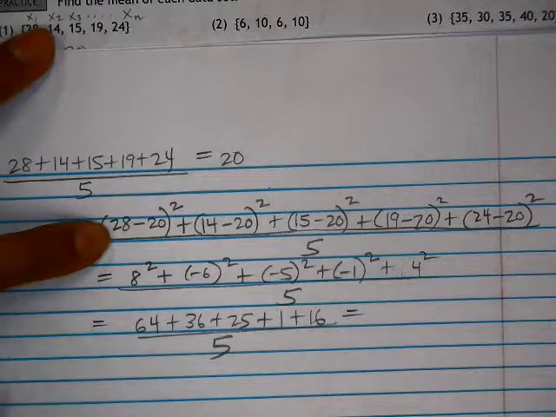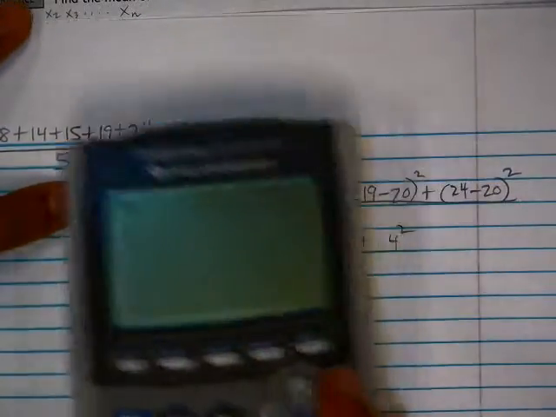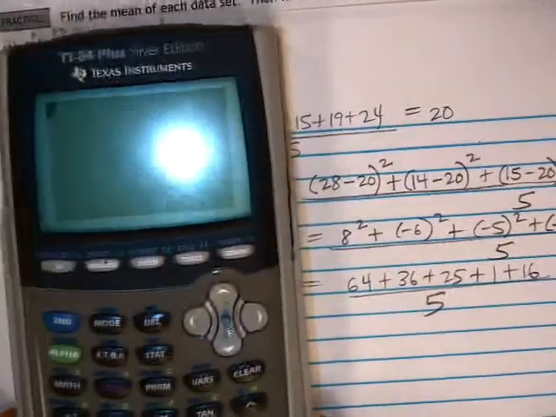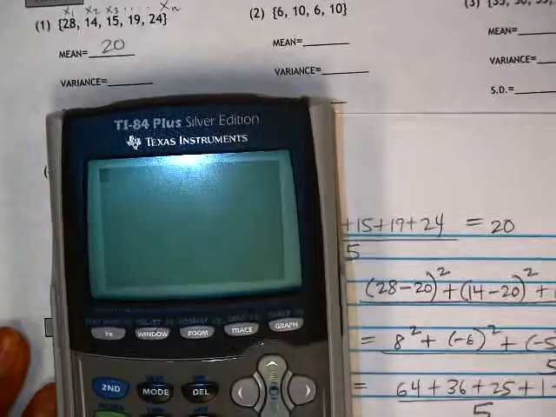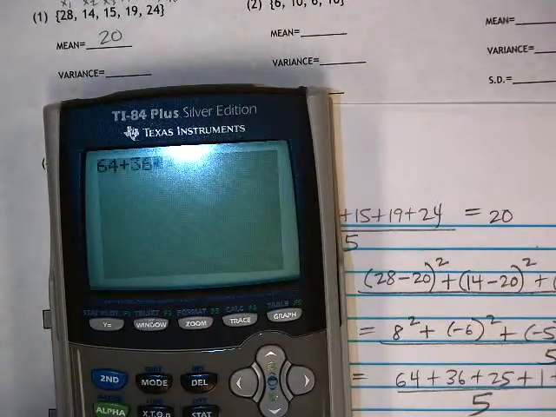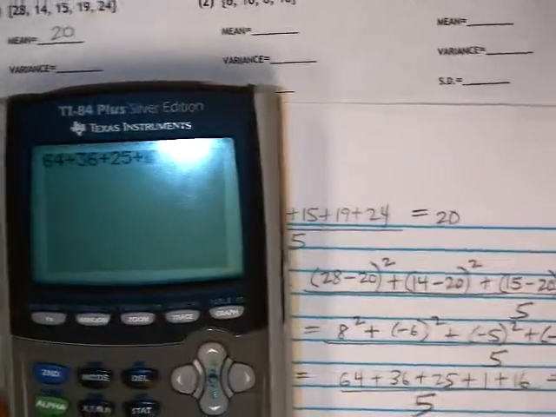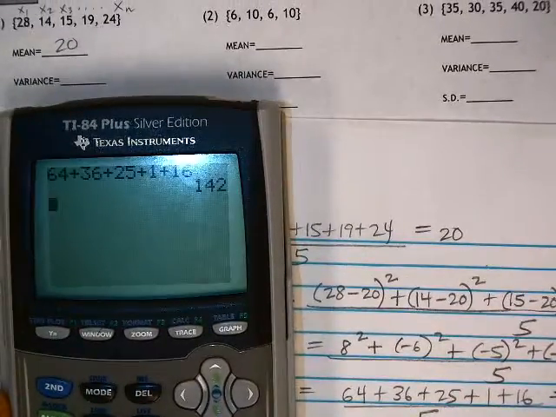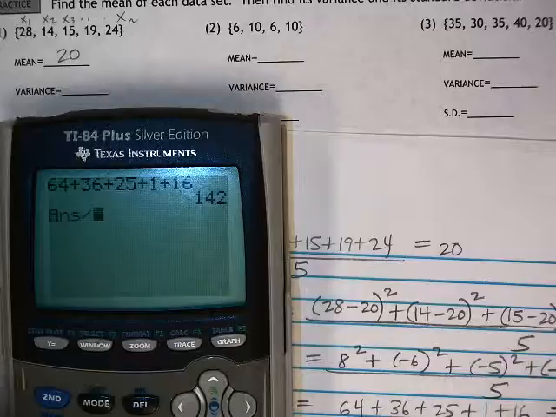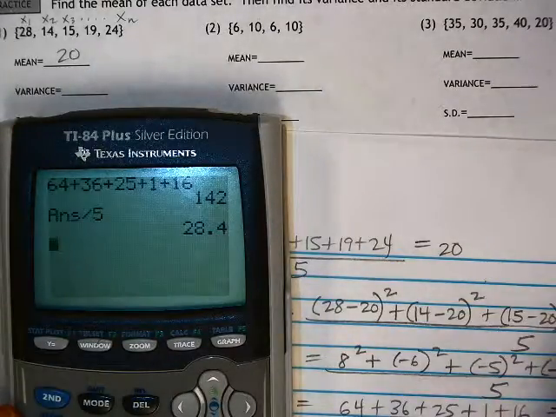Again, I'm going to use a calculator here to make things a little bit faster. So 64 plus 36 plus 25 plus 1 plus 16 is equal to 142, and then that divided by 5 is 28.4. So the variance is 28.4.